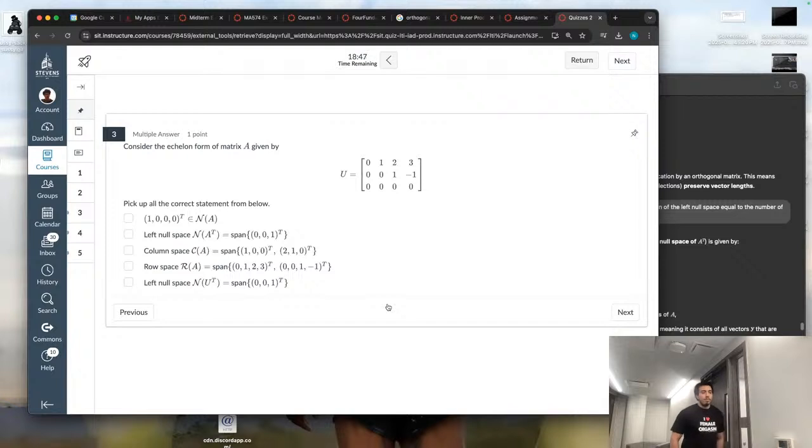So basically, find the four fundamental subspaces. Well, it'd be good to practice that right now, actually. Let's see.